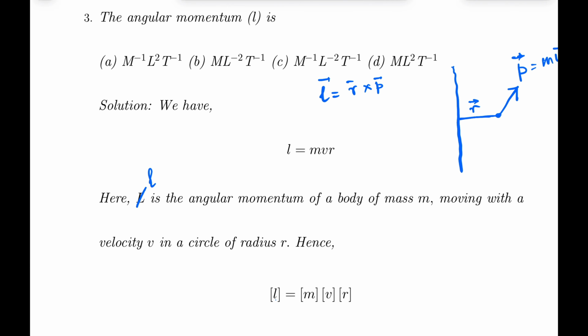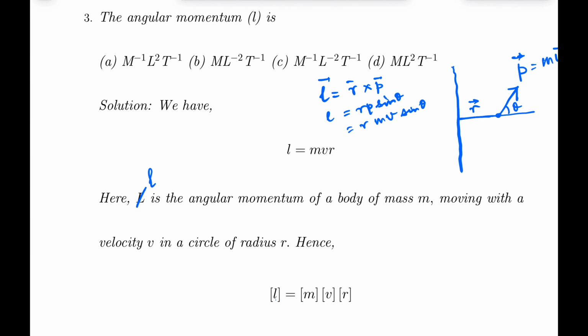If this angle is theta, then r cross p will be r p sine theta. The magnitude of the angular momentum is r p sine theta. Clear? Because sine theta is a pure number, with no dimension, we write L as simply equal to m v r, that is r into m v into sine of theta.